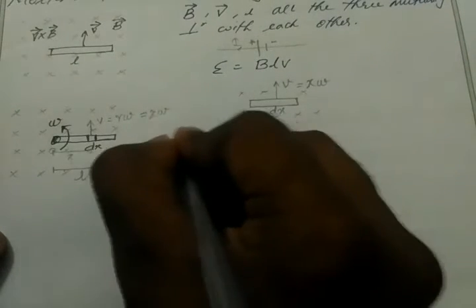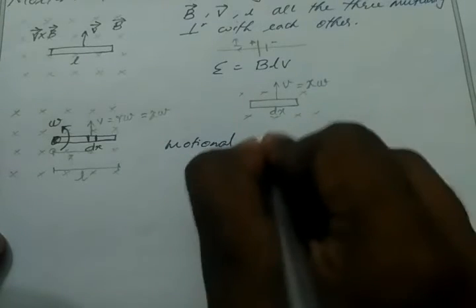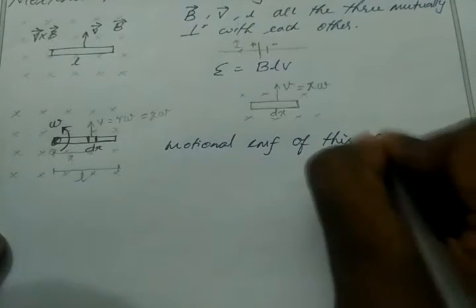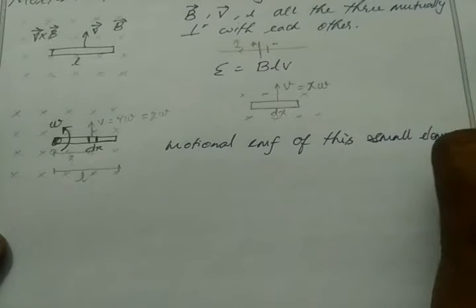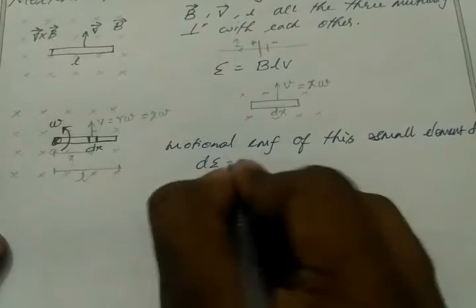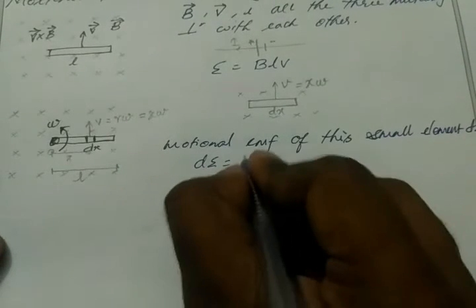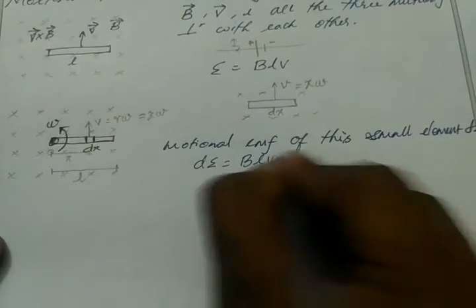I write it here: the motional EMF of this small element dx will be dE equal to BLV.